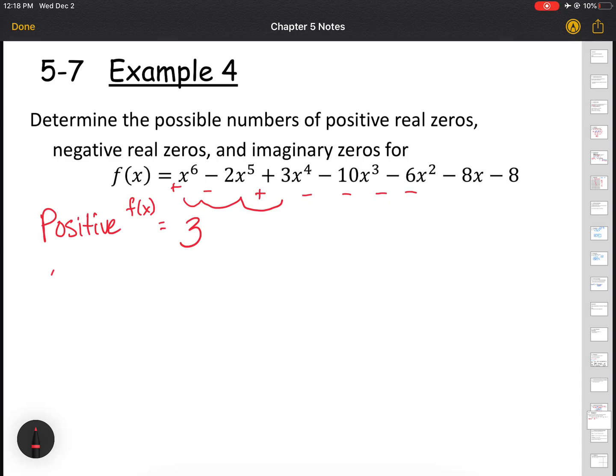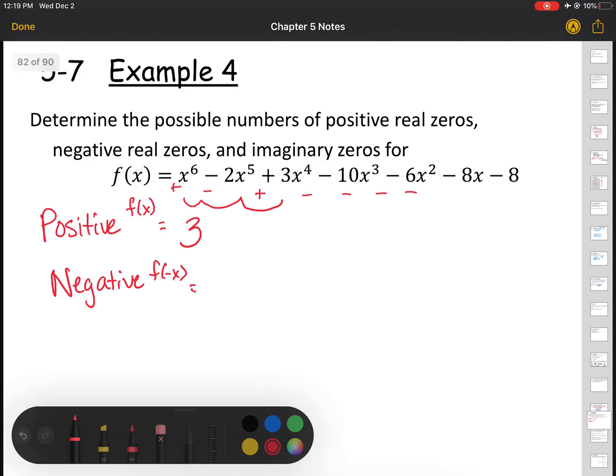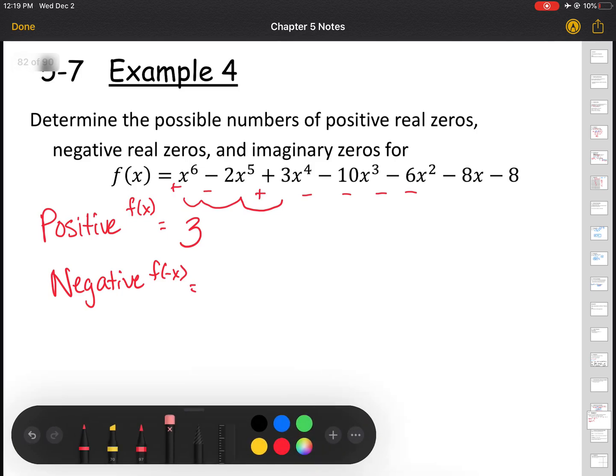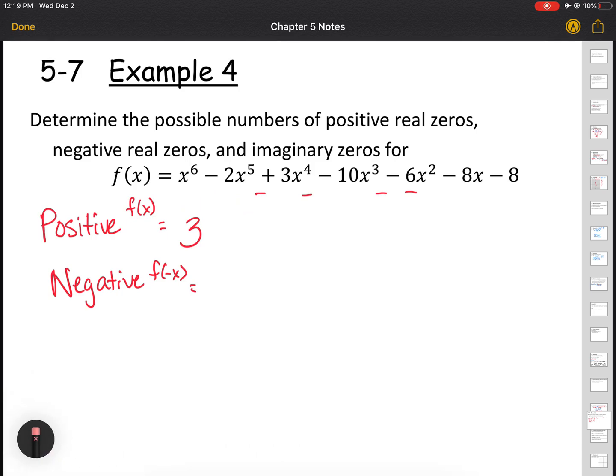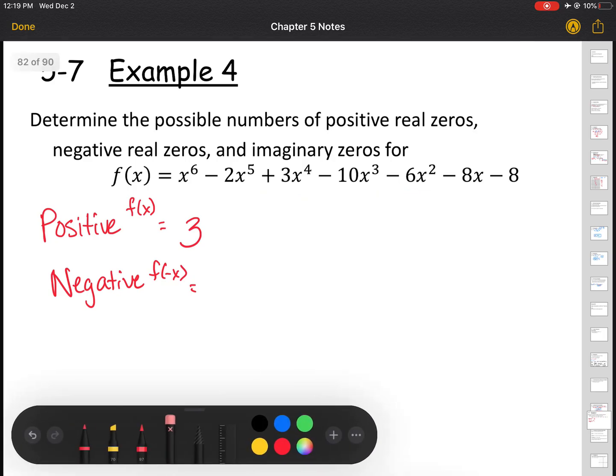Okay, if I look at the negative side, I'm making all my x's negative now. So what that means is, basically, if you have an even exponent, the sign's going to stay the same. If you have an odd exponent, your sign's going to change.